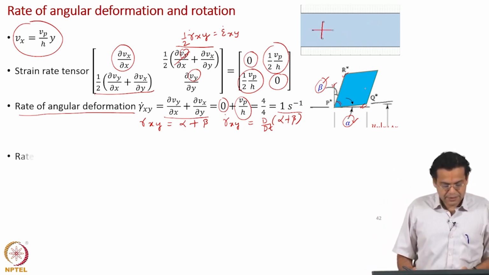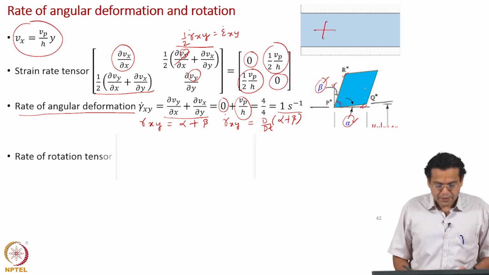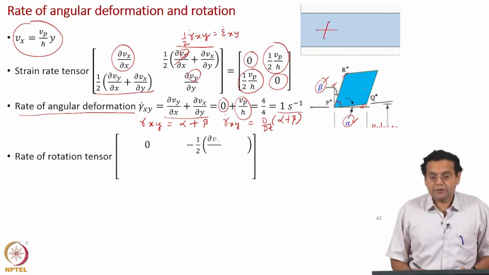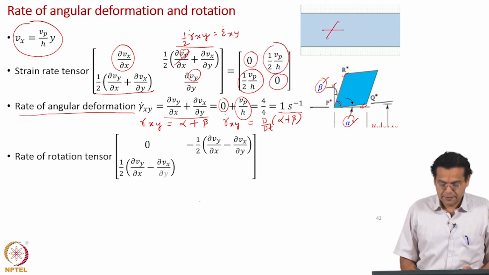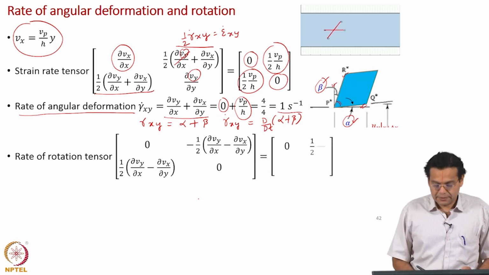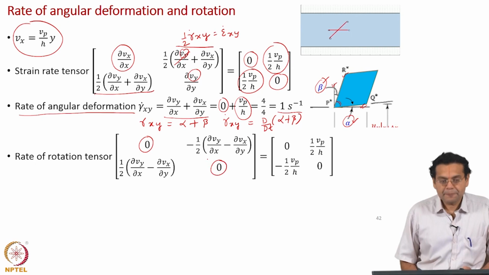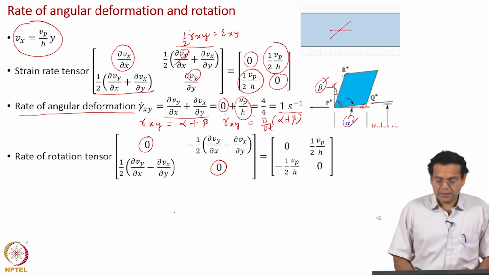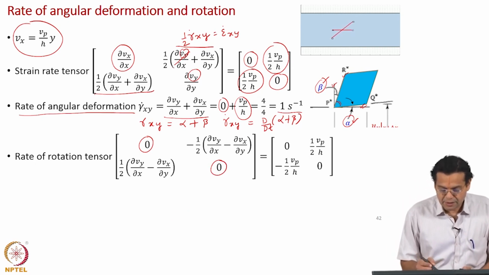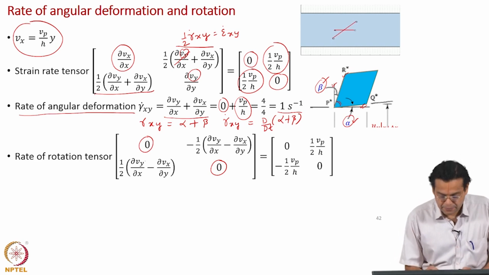Okay, now let us calculate the rate of rotation tensor. This is anti-symmetric, okay. Strain rate tensor was symmetric. Now, rate of rotation tensor: diagonal components are 0, and the off diagonal components we have already seen how to remember.